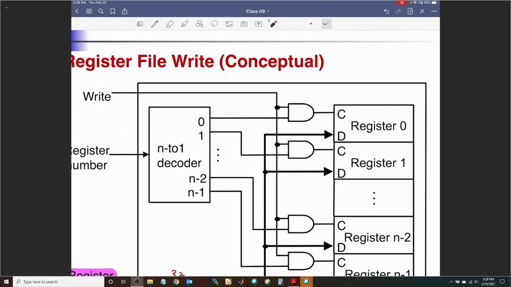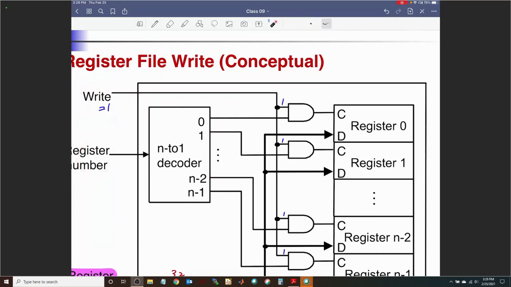But in order for you to be able to write, of course, you need your write control to be 1, right? So this has to be 1 regardless. So that essentially takes care of the second input for all the 32 AND gates. But what matters here is the number translating into only one output being active.